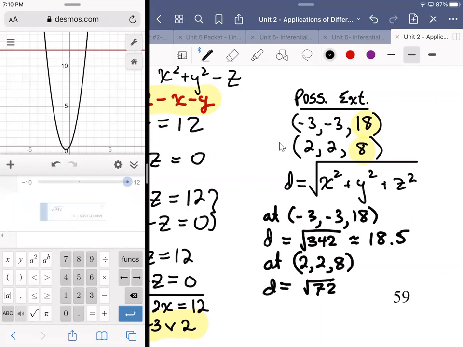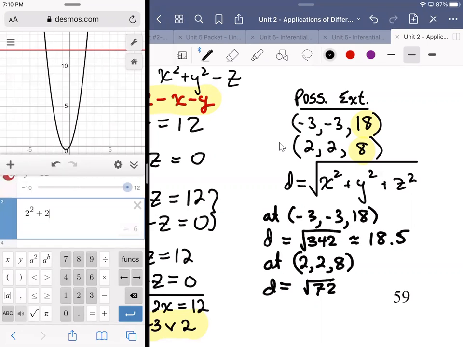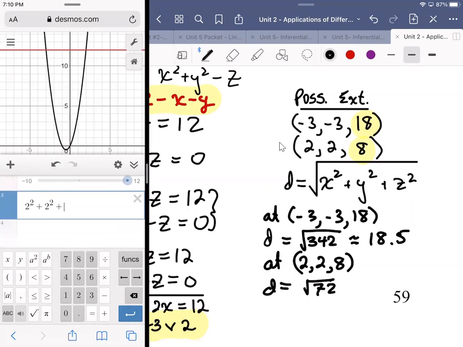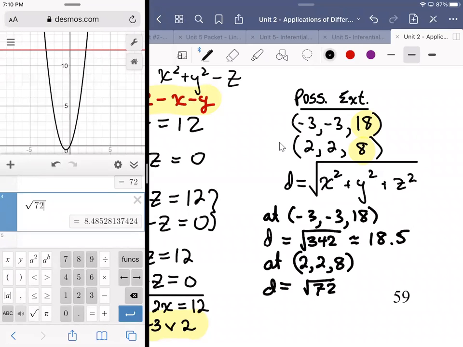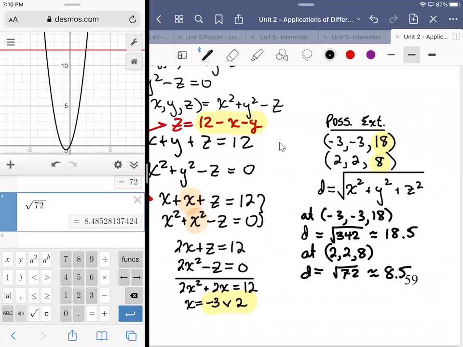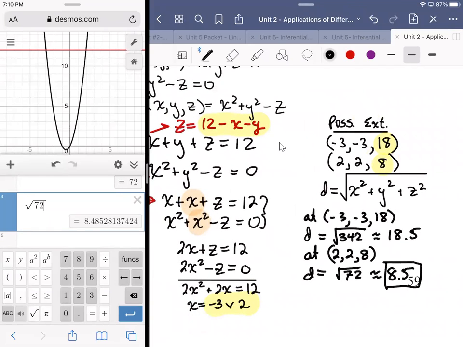Again, I'm just going to double check. I'm doing math so well today. Yeah, 72. So root 72 is roughly 8.5. All right, so this would be the shortest distance.